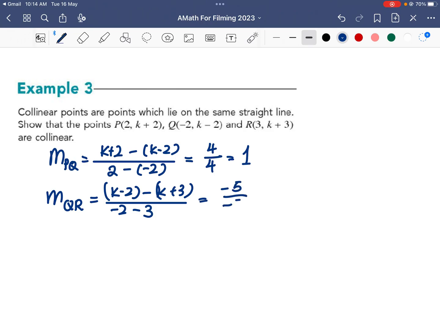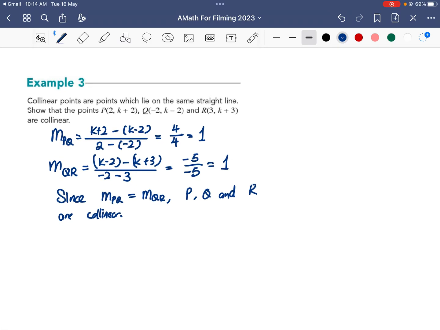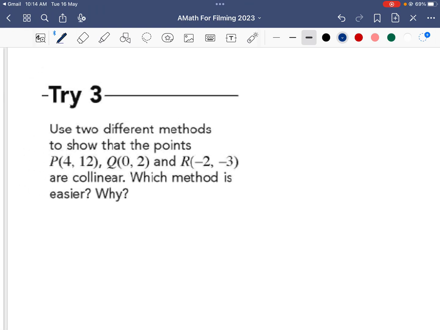So in the numerator we have negative 5, the denominator negative 5, the gradient is 1. Since the gradient of PQ is equal to the gradient of QR, therefore P, Q and R are collinear. That's it for example 3.